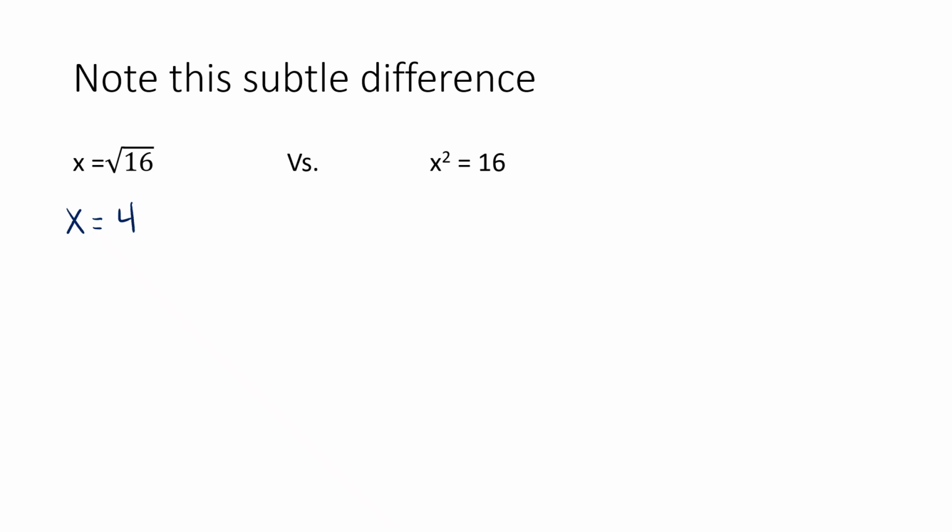However, if a similar problem were given to you, that is x squared is equal to 16, now we have this situation where you're going to solve that, and you do need to put in the plus or the minus, because the square root of x squared is x, and there are actually two different numbers that, when you plug them in, could give you the positive 16.